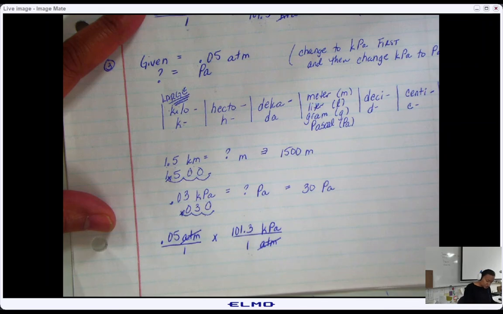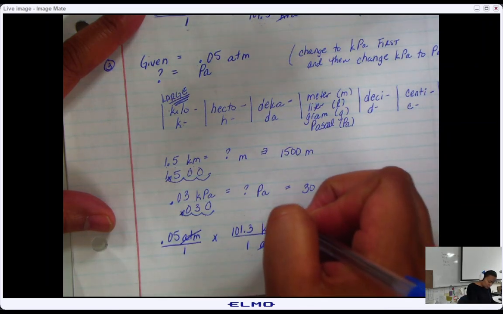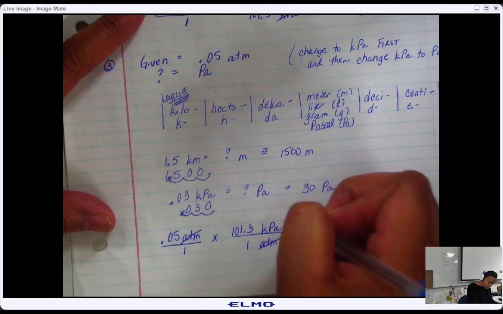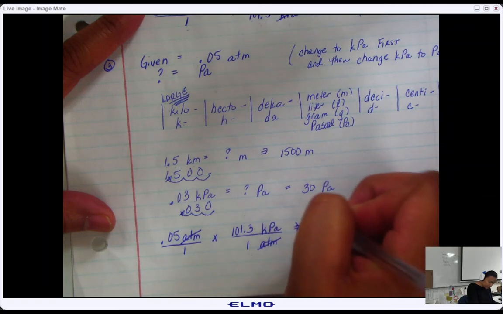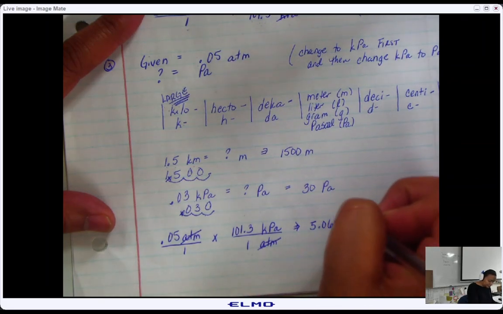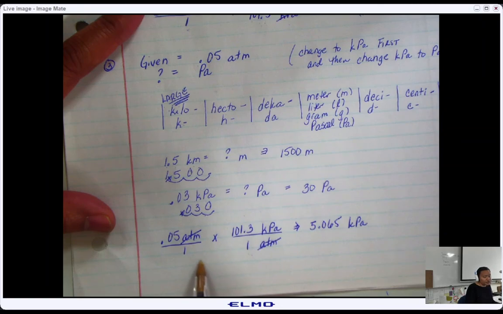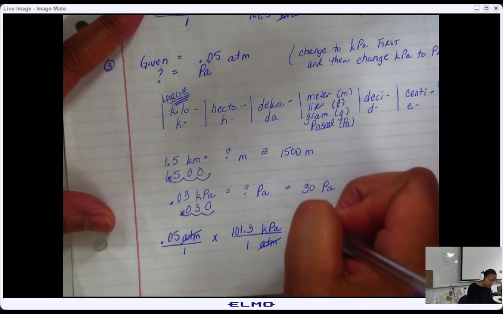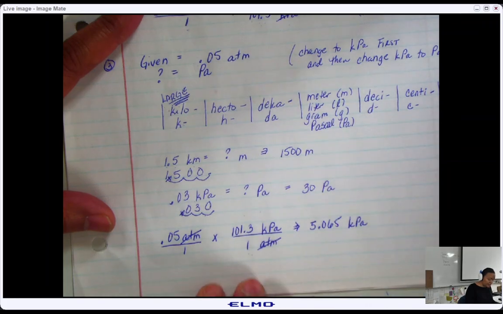And that comes out to 5.065 kPa. And on the bottom it's just 1 times 1, so divided by 1 still comes out to 5.065 kPa. But remember, they are not asking us for the answer in kPa, kilopascals.